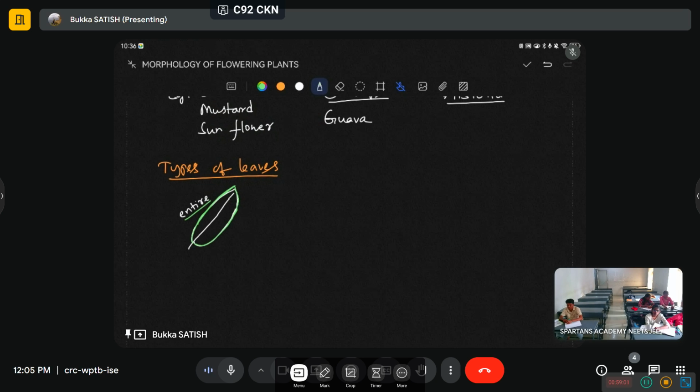The second possibility is, here the lamina is having incisions. Right, here there are incisions. So the lamina is not entire, it is having incisions.